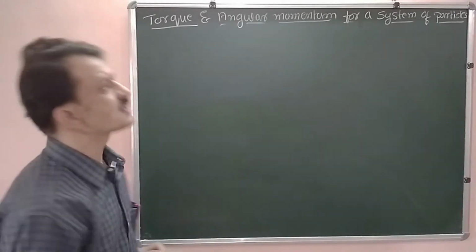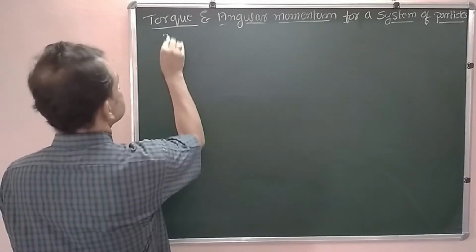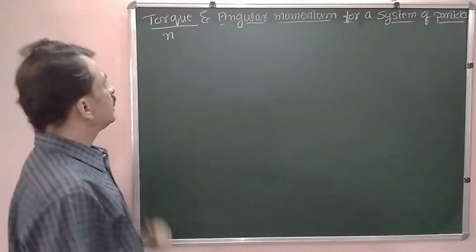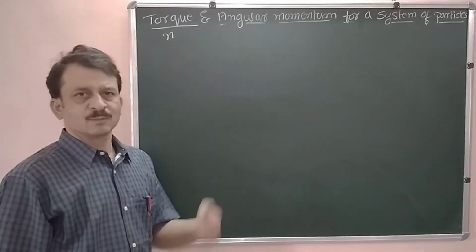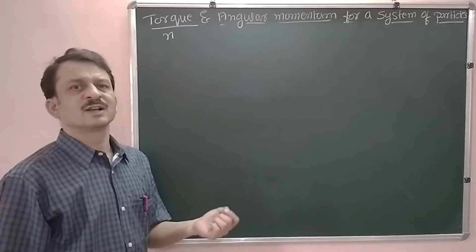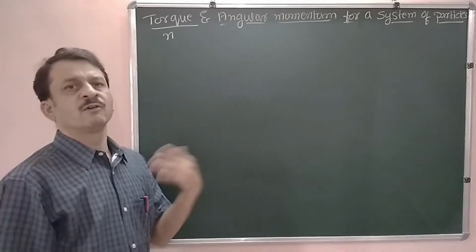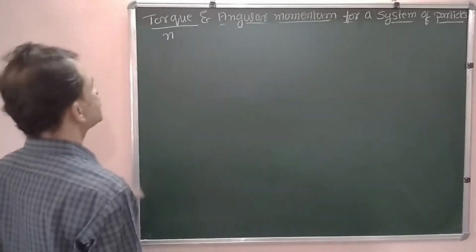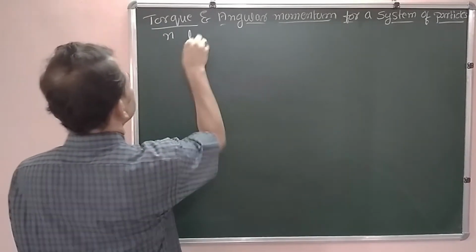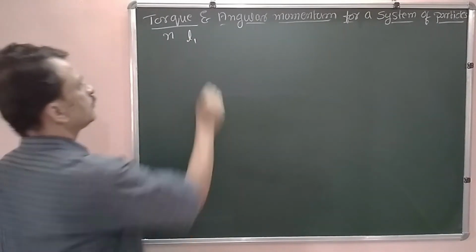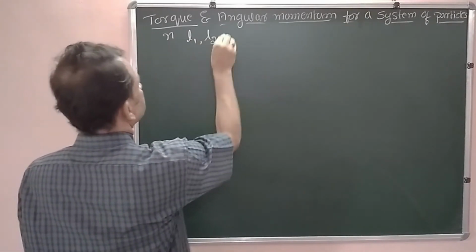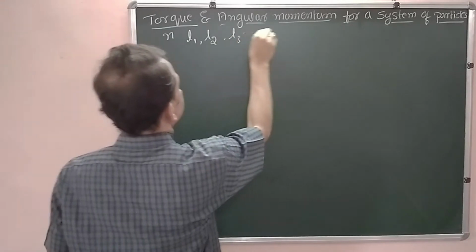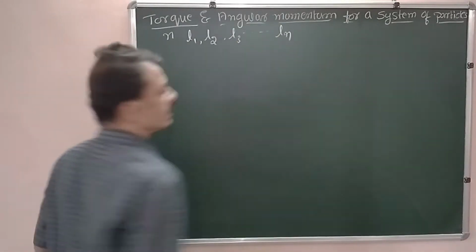Now we will consider a system of n particles. Each particle has a mass m1 and is moving with velocity v1. Then it has a linear momentum p1, and hence each particle has an angular momentum L1, L2, L3, etc., Ln.